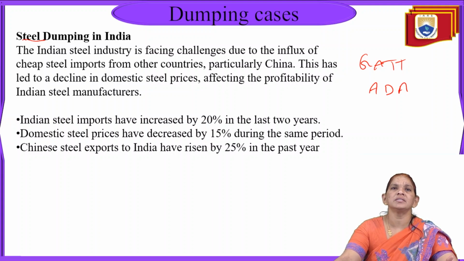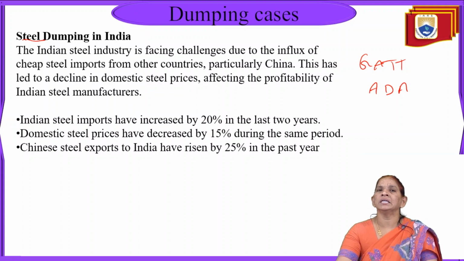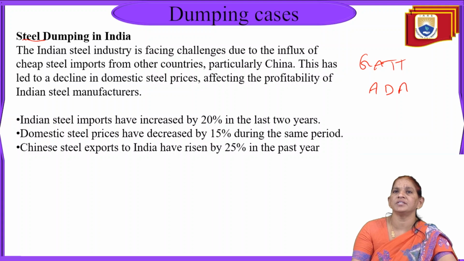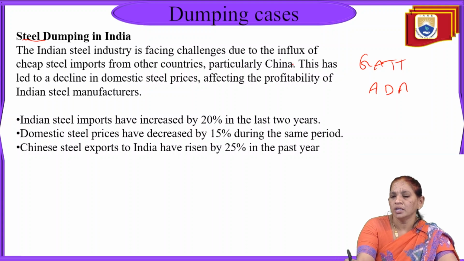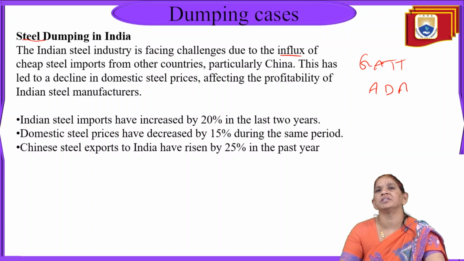So India is also a regular customer importing iron and steel from other nations. The Indian iron and steel industry itself is facing challenges due to the influx of cheap steel imports from other countries.